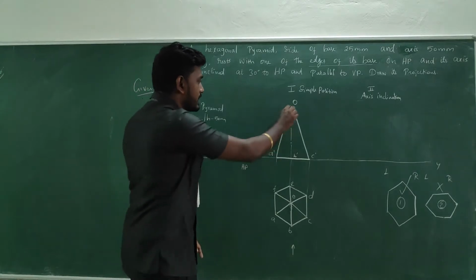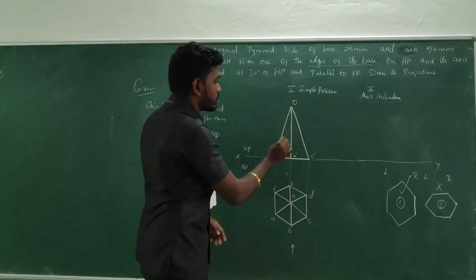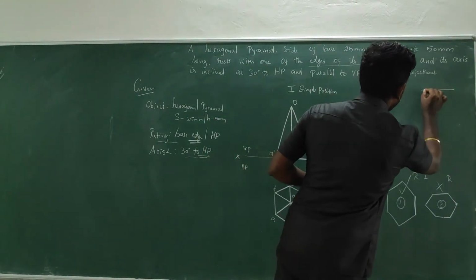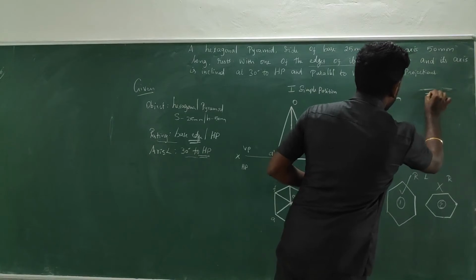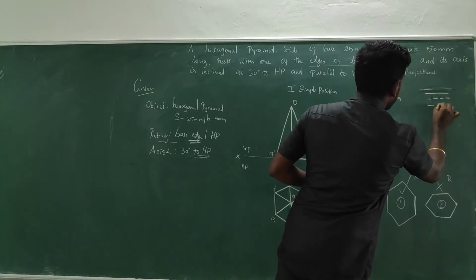So what we have to do is make it a dark line. It's not an axis line, it's a dark line, because the preference of the line goes like this. Dark line is the first preference, then dashed line, then chain line.